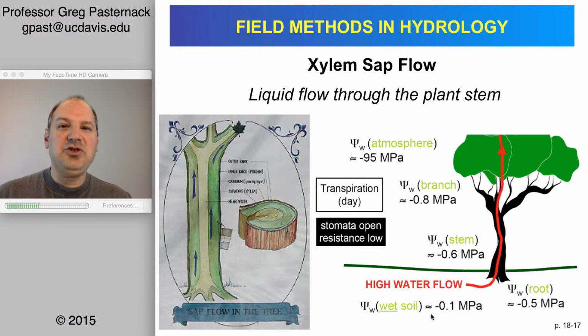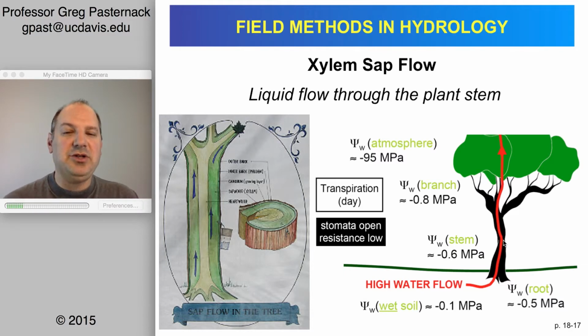So we have a concentration gradient reflected in this pressure or this water potential, and the water is simply flowing from areas of high potential to low potential, which is what water often does. Not always, but most times if you have a direct pressure gradient and you have no other contravening force, then it's going to be flowing in that direction.